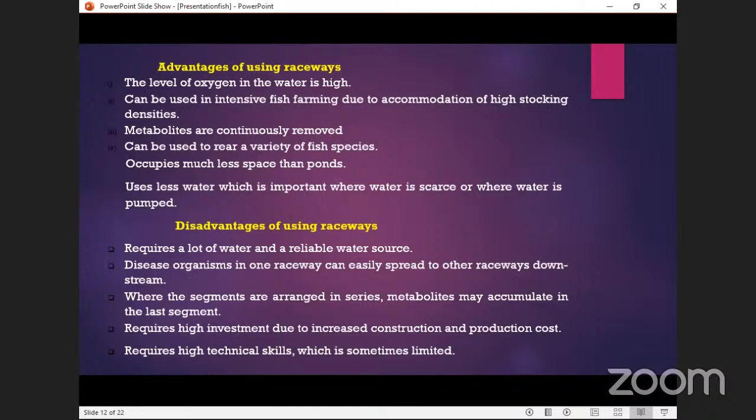Metabolites are continuously removed, can be used to rear a variety of fish species. Occupies much less space than ponds. Uses less water, which is important where water is scarce or where water is pumped.